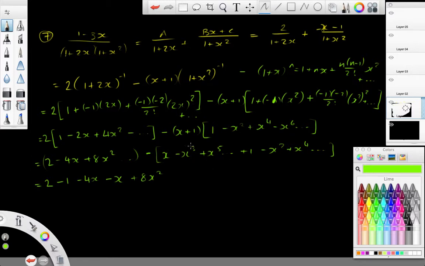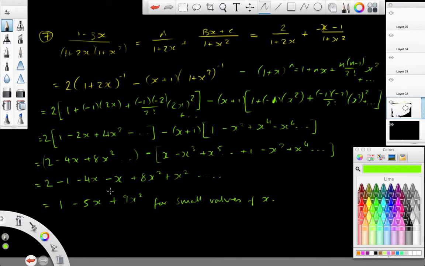Here we are. And it's a minus times a minus, it's going to be plus x squared, and then we've got all the other terms. So it's going to give me 1 minus 5x plus 9x squared for small values of x. Alright, that's the first bit of the question done.